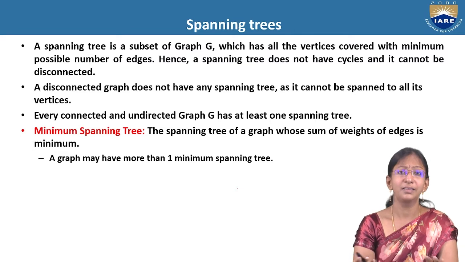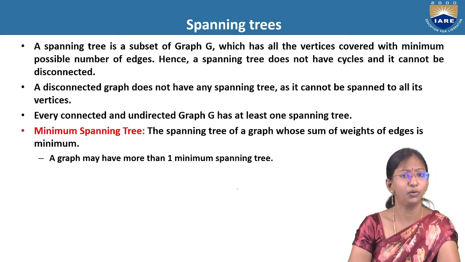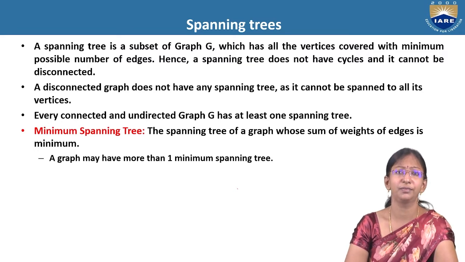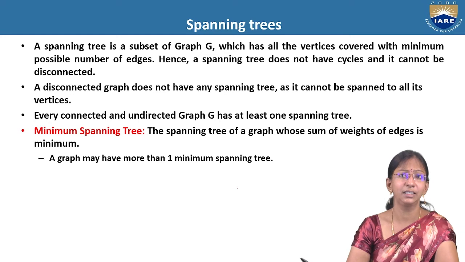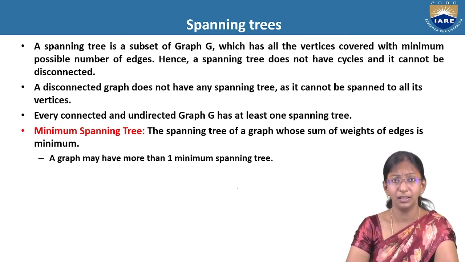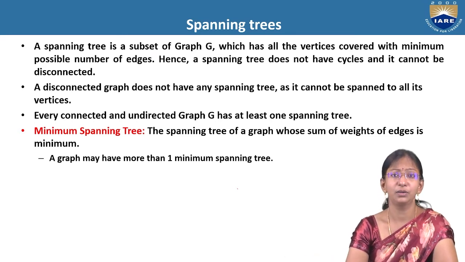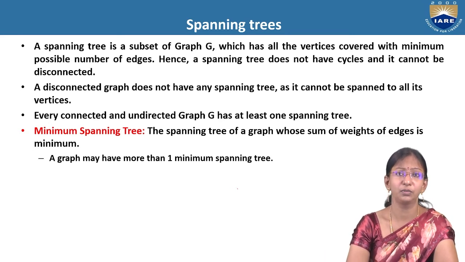So a disconnected graph does not have any spanning tree. So every connected and undirected graph has at least one spanning tree. I hope you understand that point. Every connected and undirected one will have a spanning tree, at least one you can expect.